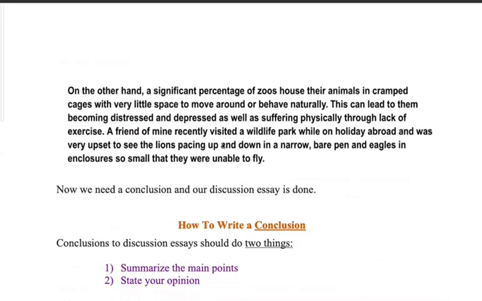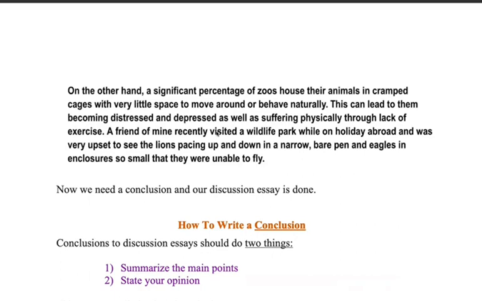So let's see this paragraph, body 2. On the other hand, a significant percentage of zoos house their animals in cramped cages with very little space to move around or behave naturally. This is the topic sentence. And then now it is time to explain it. This can lead to them becoming distressed and depressed, as well as suffering physically through lack of exercise.